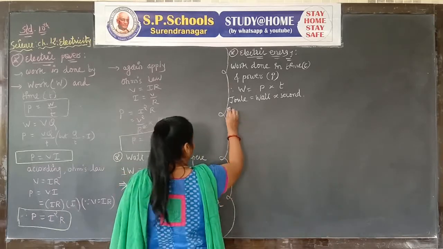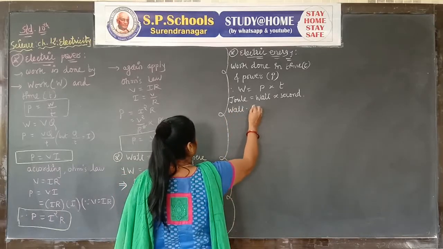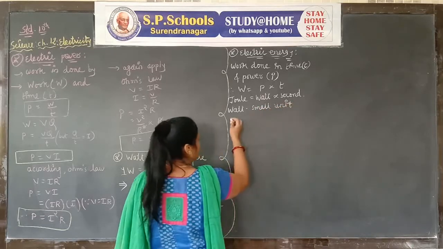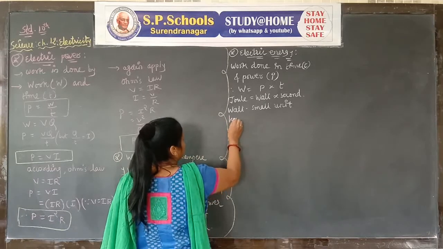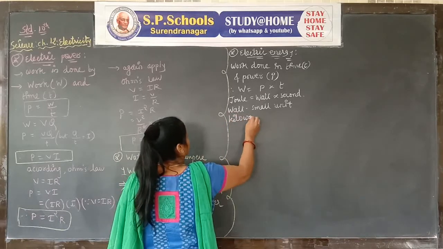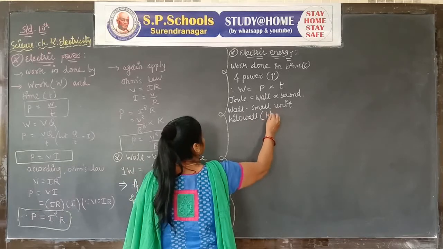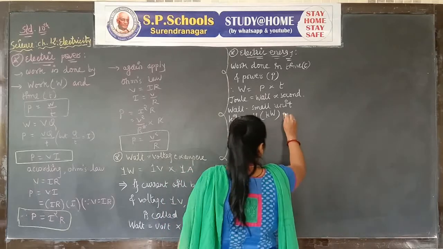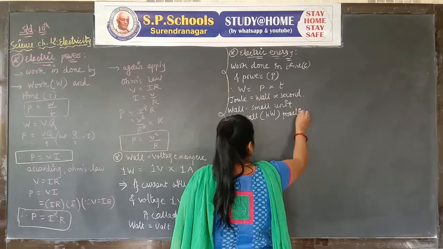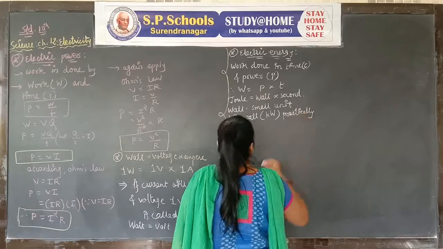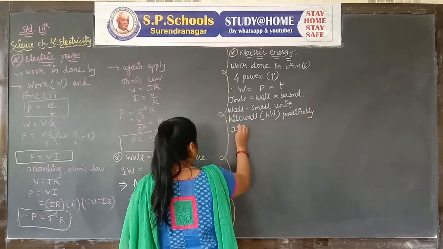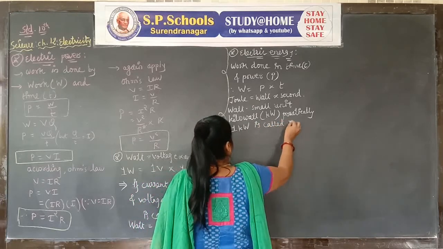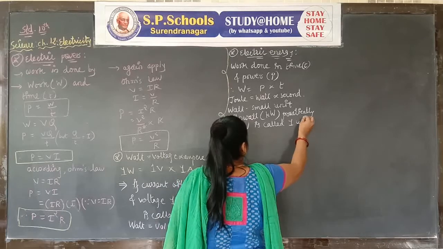But watt is a very small unit. We cannot use it in practice. So in practice we use kilowatt, small k, capital W. Practically we use kilowatt, and 1 kilowatt is called 1 unit.